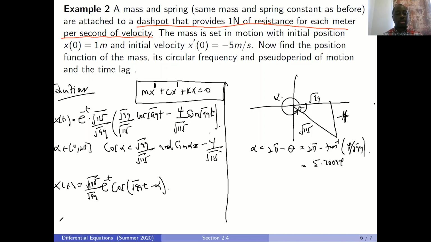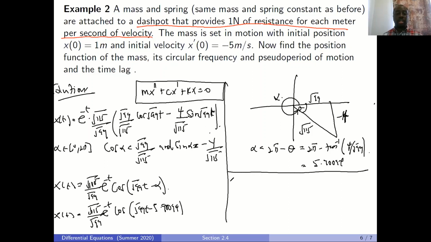Right? And so we can write down our displacement function more precisely. And so now we can extract all the information that we need.